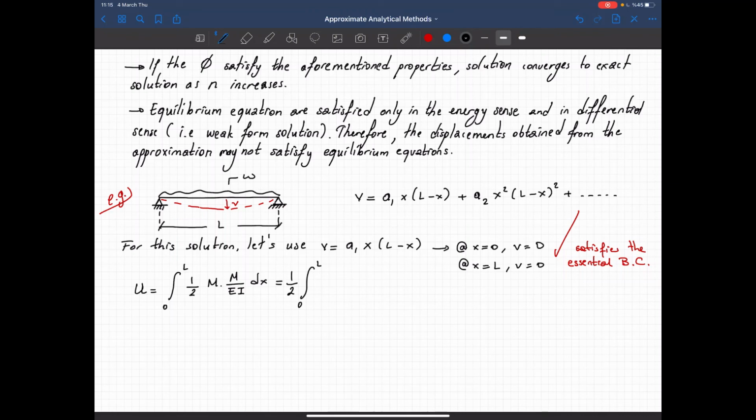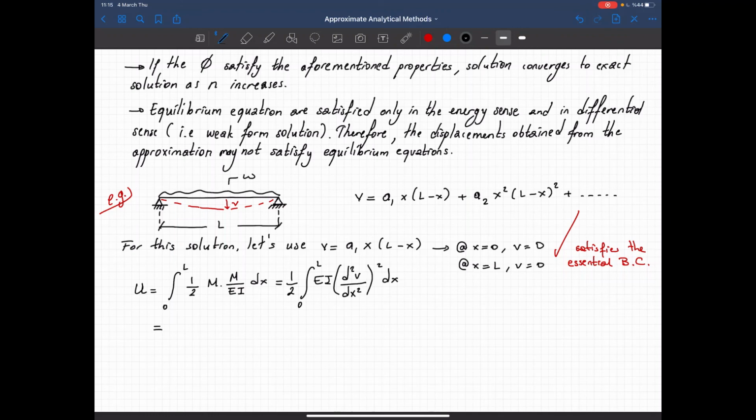M over EI is already a curvature, so I get EI d squared V divided by dx squared, dx, and put V into that equation.